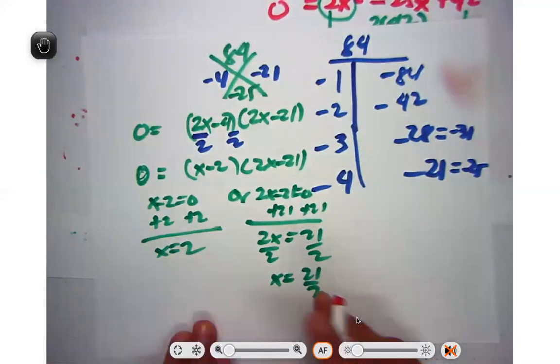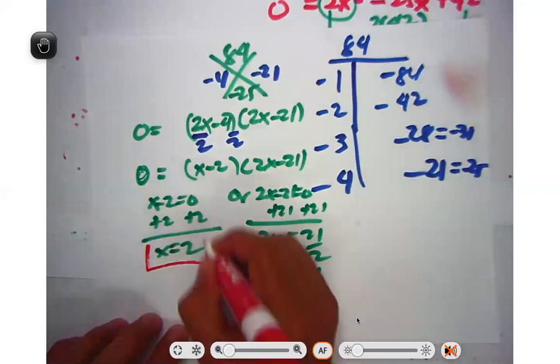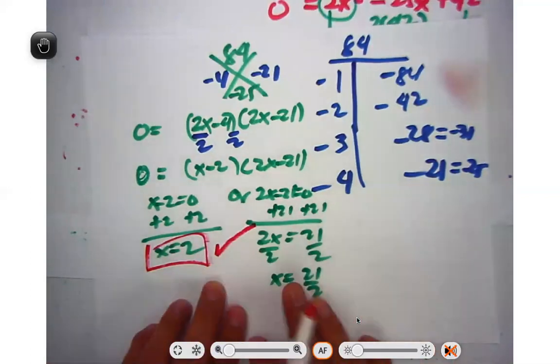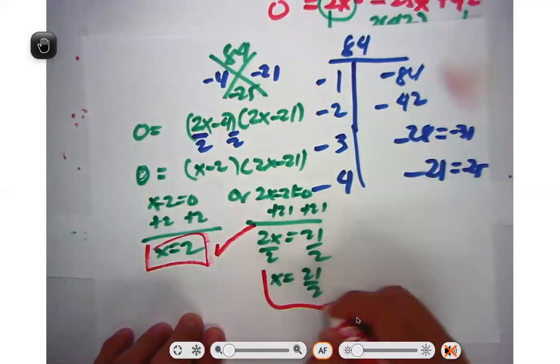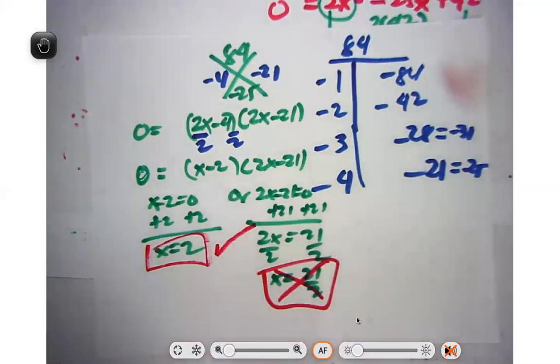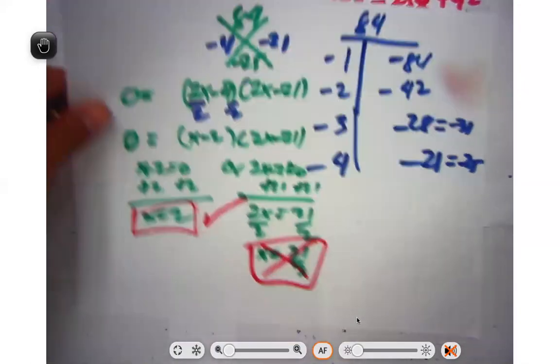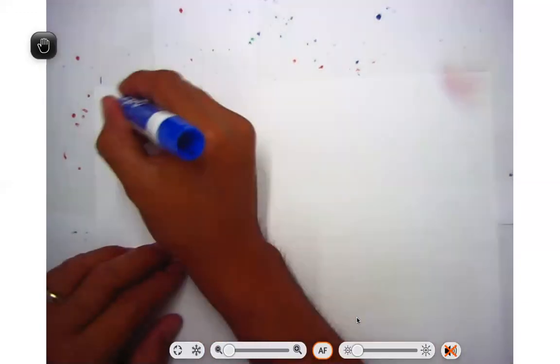Of course, I already know the solution here. The answer here is x equals 2, but we need to check. This one is not. But let's show both. Wow, I've got 4 papers here for this number. Right.